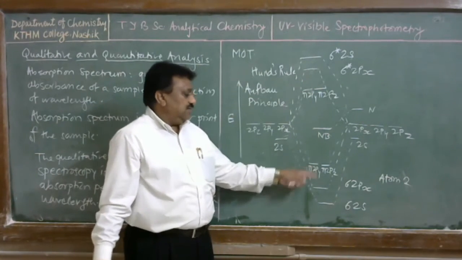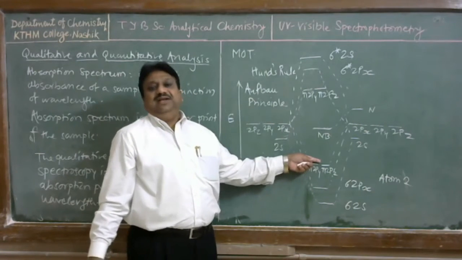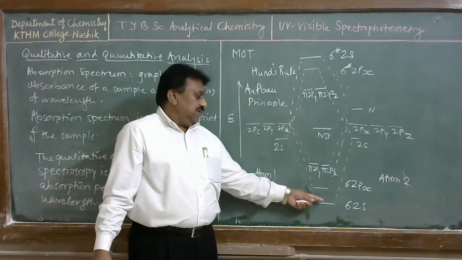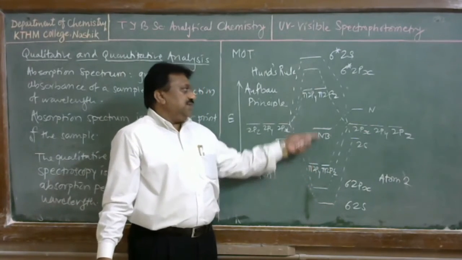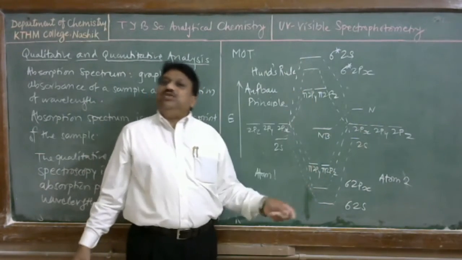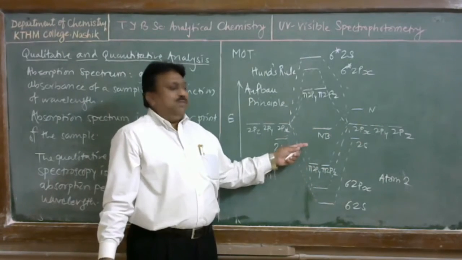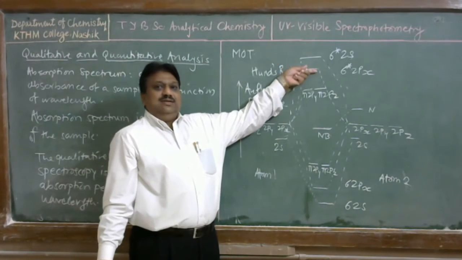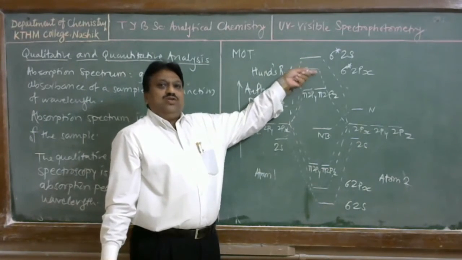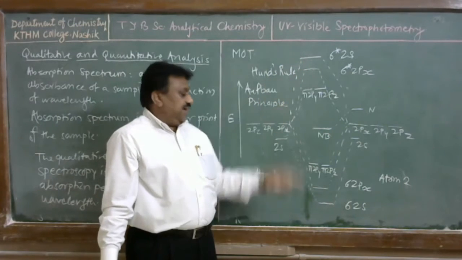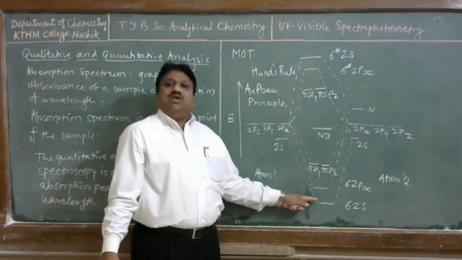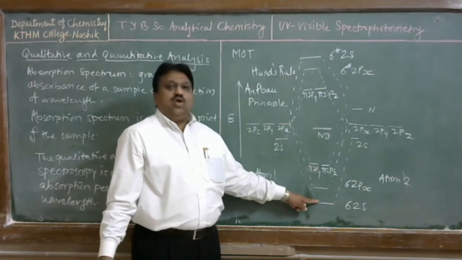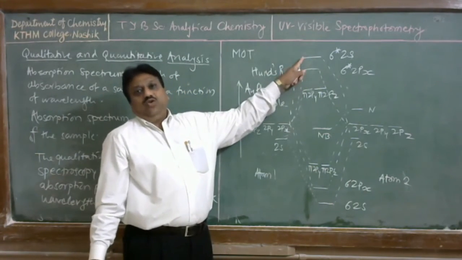Sometimes the bonding molecular orbitals are completely filled and the anti-bonding molecular orbitals may be empty. Sometimes some bonding molecular orbitals as well as some anti-bonding molecular orbitals are filled. But when there is a free or vacant anti-bonding molecular orbital, then when radiant power falls on such a molecule, electrons get promoted from bonding molecular orbital to anti-bonding molecular orbital.